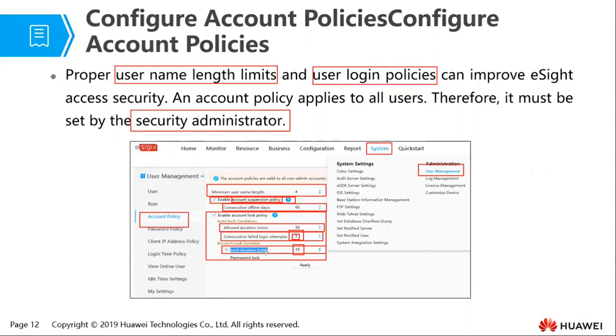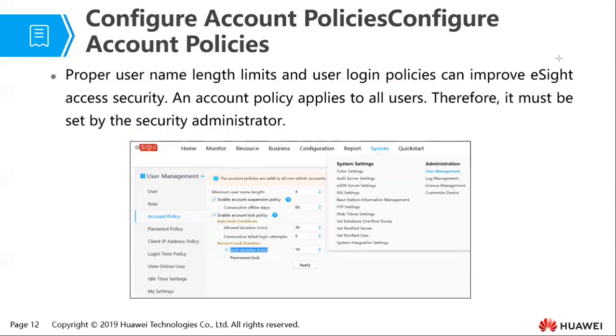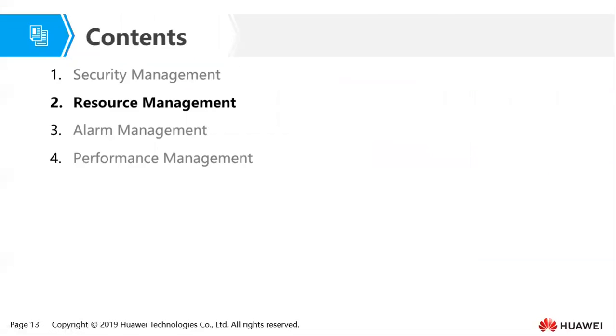That is what the lockdown duration is. If you don't want to set that, you can choose permanent lock, so that if they try 5 times and fail, you lock down that account completely. These are some of the settings that can improve the security of your eSight.